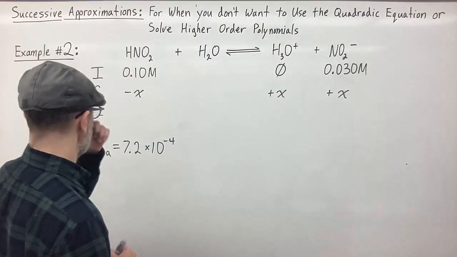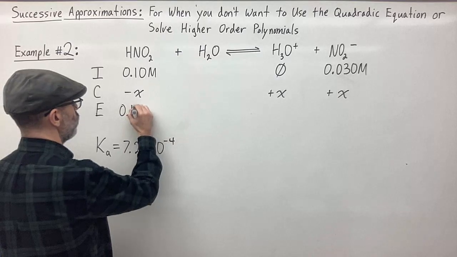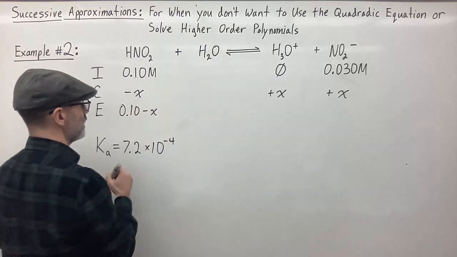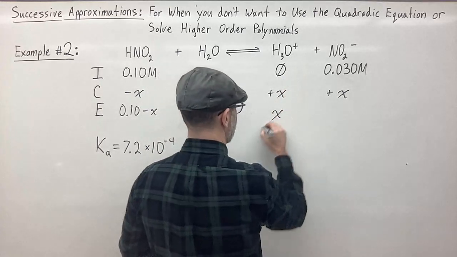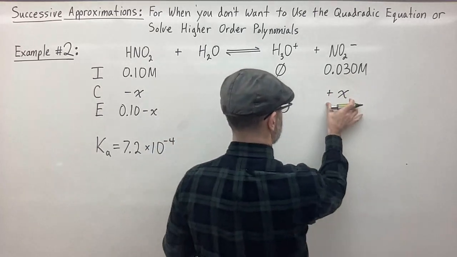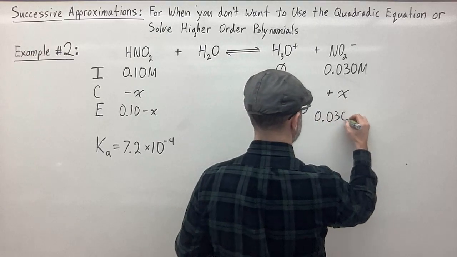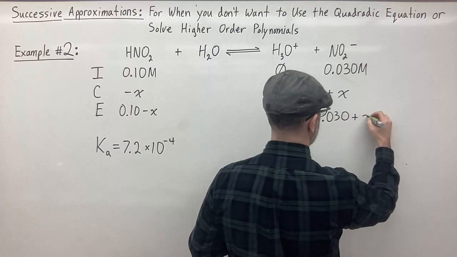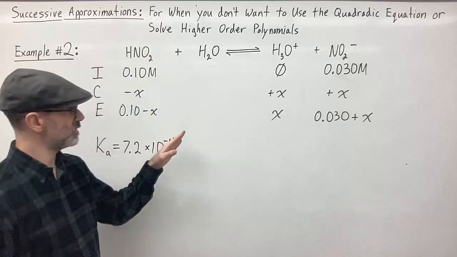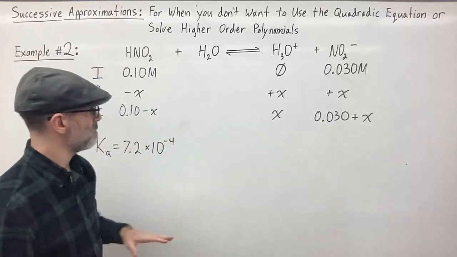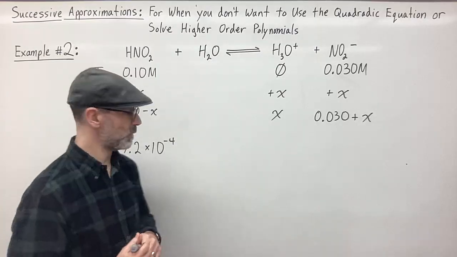Okay, so here, add these together, I get 0.10 minus X, and this is 0 plus X, which is just X, and then this plus this gives me 0.030 plus X. And so now I have the equilibrium concentrations in terms of X. Now I can plug that into my equilibrium constant expression.